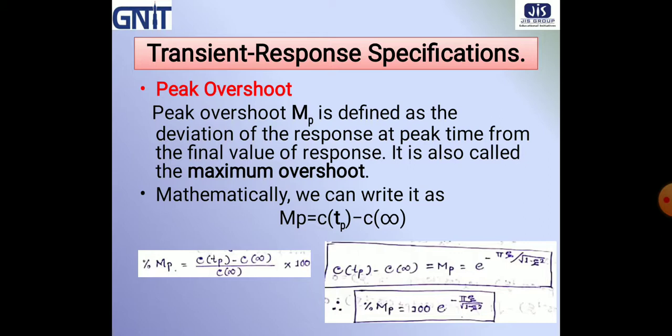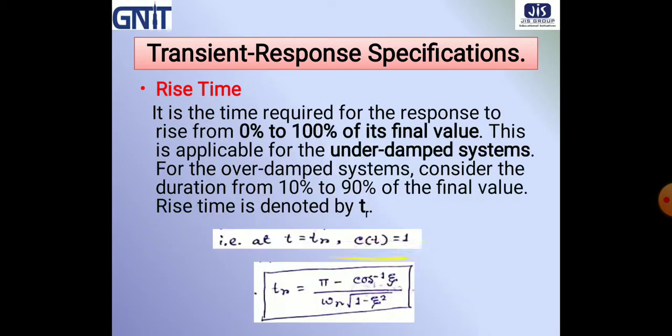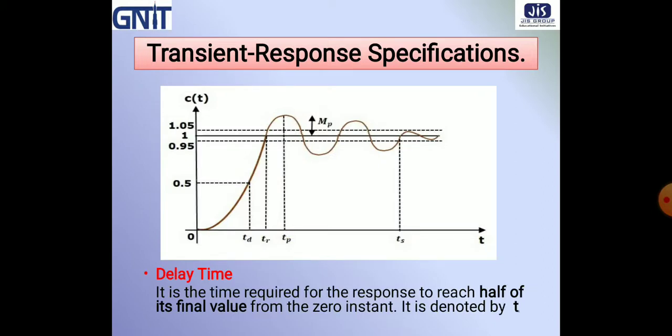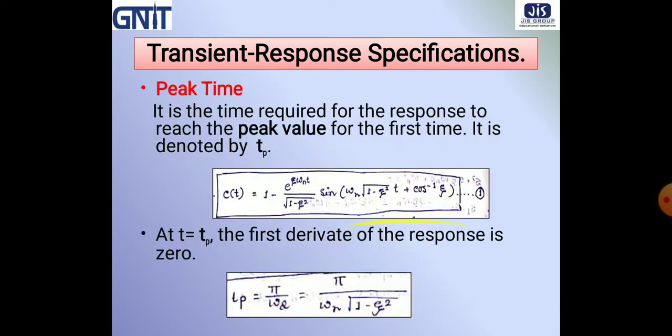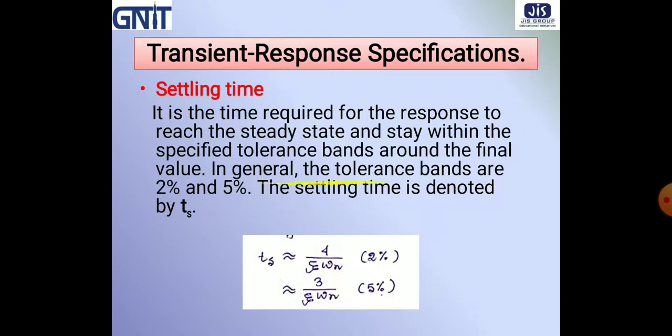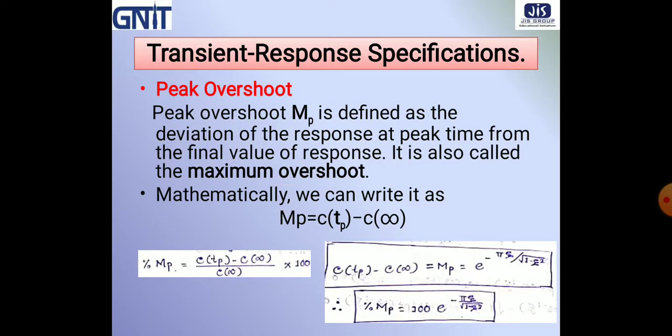Now what is the peak overshoot? Peak overshoot, which is represented by Mp, is defined as the deviation of the response at peak time from the final value of the response. Now just go to the response. So this is our peak time. The difference between peak value and the steady state value for the first time, this is our Mp, the peak overshoot.